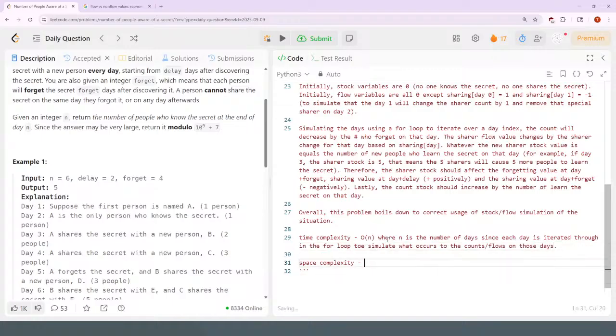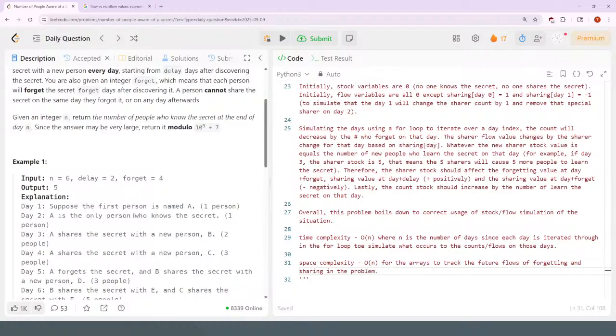And then space complexity is going to be O of n for the arrays to track the future flows of forgetting and sharing in the model. Alright, cool beans.